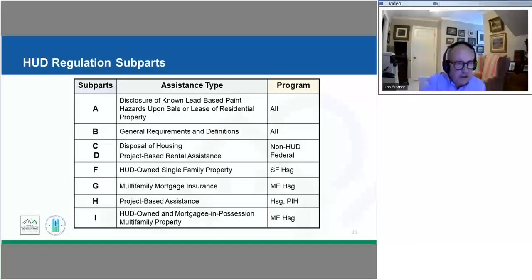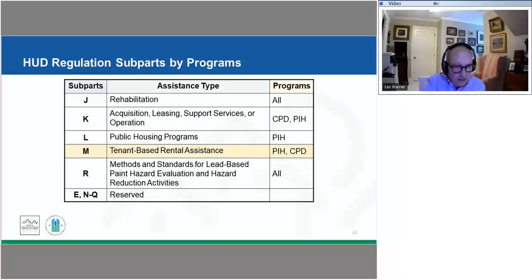For instance, one of our upcoming webinars is on project-based assistance, but we also are talking today about tenant-based rental assistance.